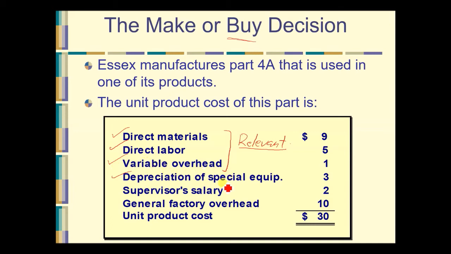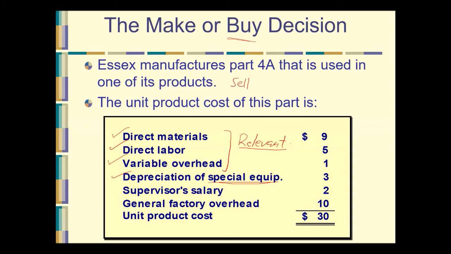What about the depreciation of special equipment? So there is special equipment which you are using to make this product. So there are different options you can have about the special equipment. One is you can sell it. So if you can sell it, you will get some money.